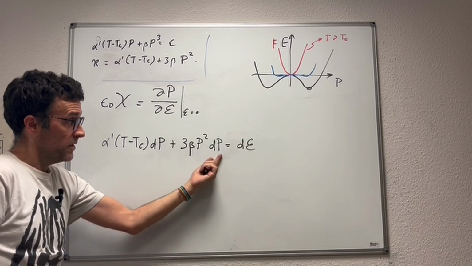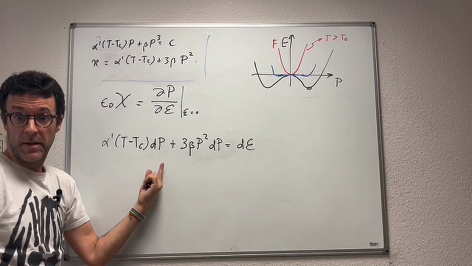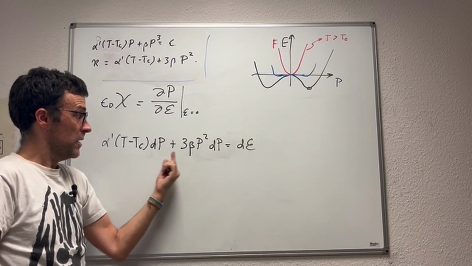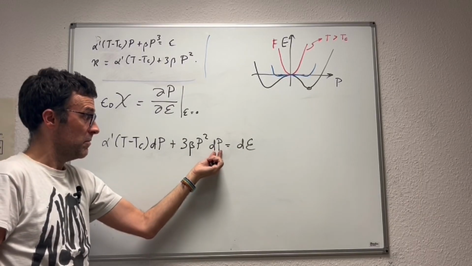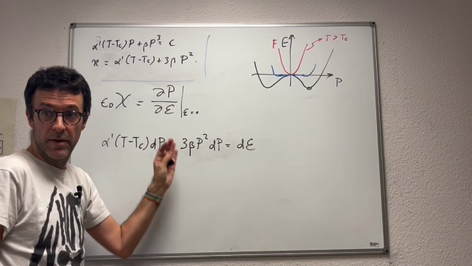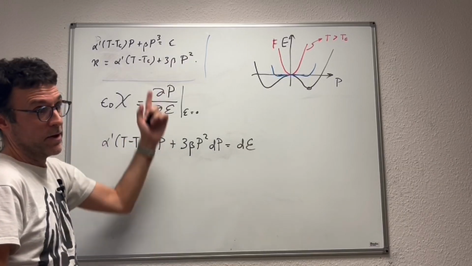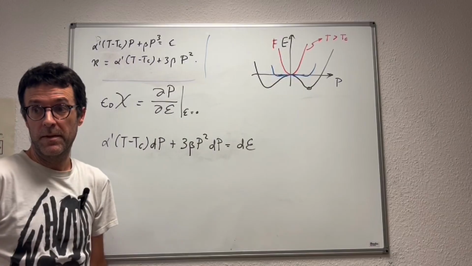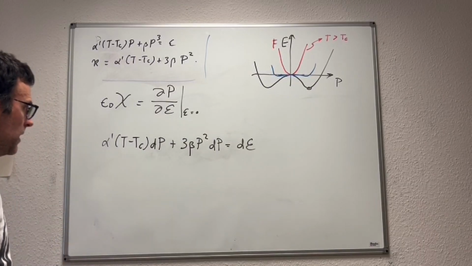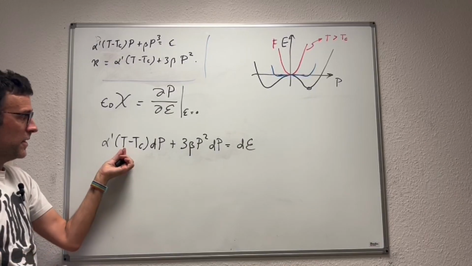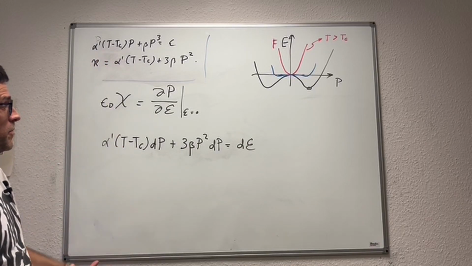So the amounts of change are not independent. If the system remains in equilibrium and I change the electric field, the polarization has to change exactly by the amount given by this equation. That's what guarantees that our equation of state continues to be satisfied. But now, of course, by the way, as I have already said, here we are assuming that the temperature doesn't change.